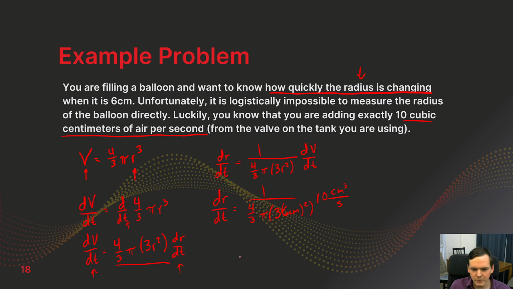That's just from plugging in all these numbers. Then you'll notice that we have centimeters cubed in the numerator and centimeters squared in the denominator. That leaves us with centimeters, and we have seconds in the denominator. This makes sense because it's telling us how much that radius is changing, which should be measured in centimeters, and we should be looking for how quickly it changes every second. So this is an example.